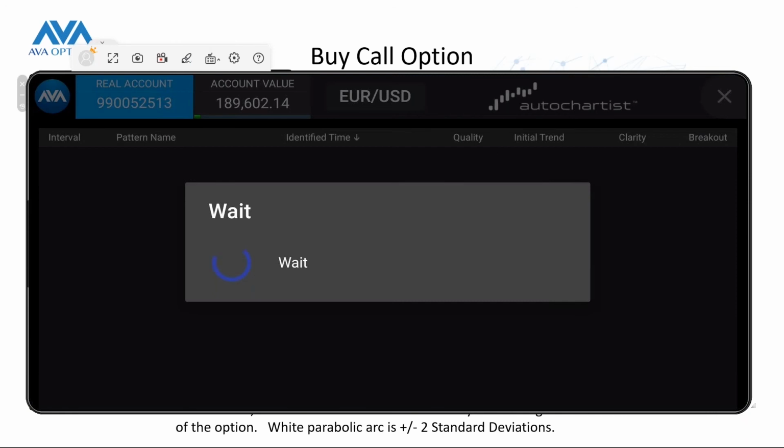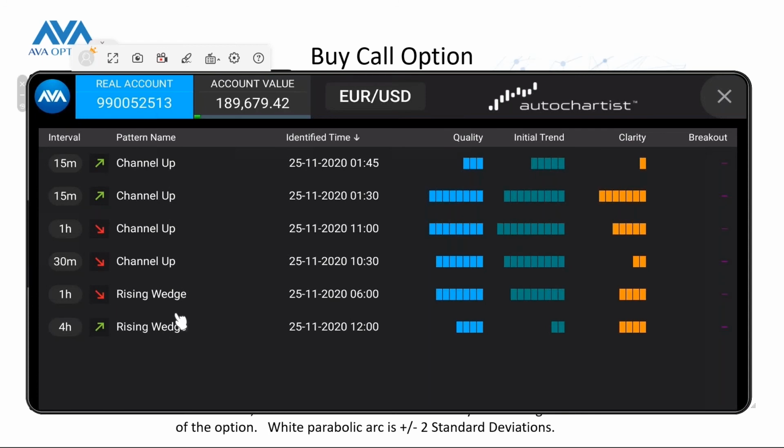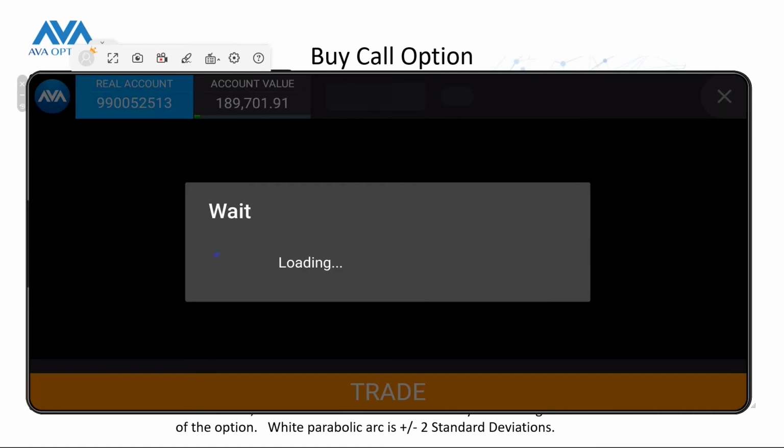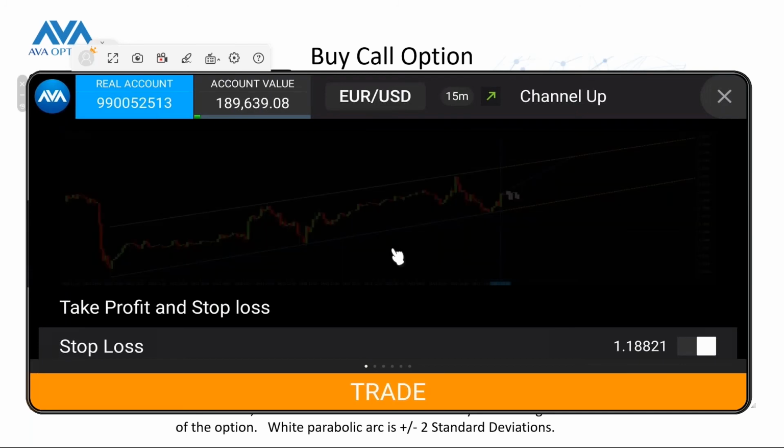If I click that number 6, that's showing me auto chartist signals. It says that there are 6 current auto chartist signals. In the 15-minute chart, there's a signal, channel up, saying that we have a bullish, it's green. I'll click this one. You get a little picture of this automated chart recognition. There's a whole video about this.